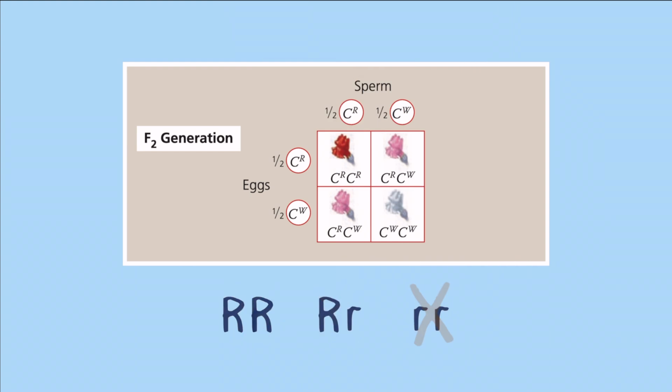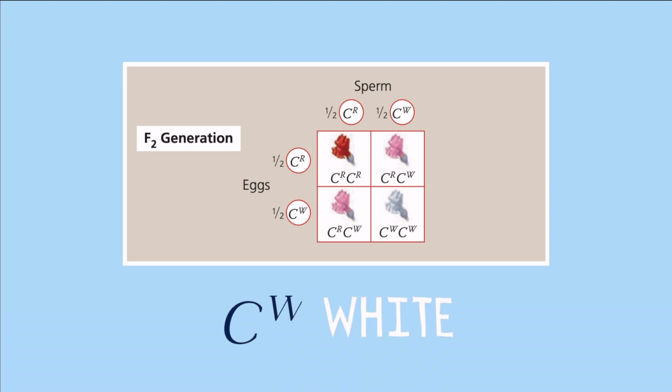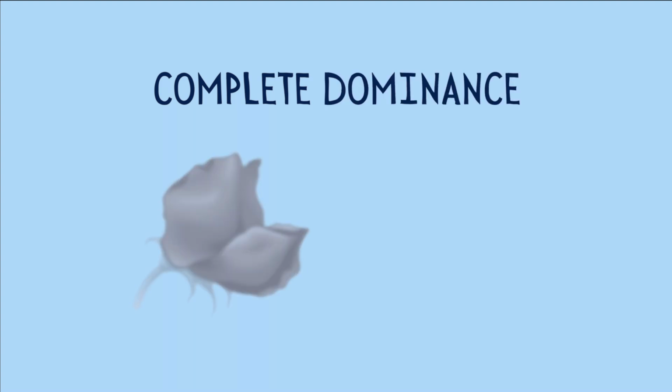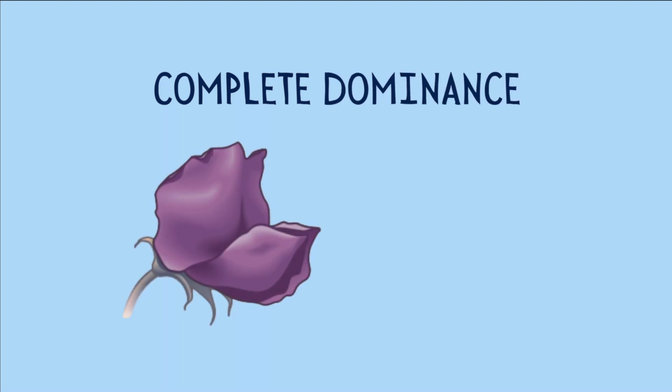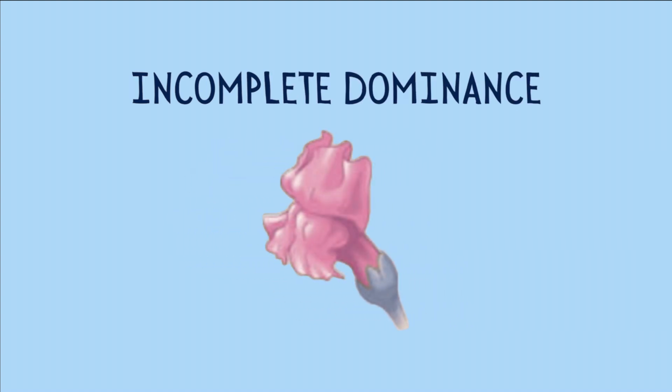Instead, we use C with a superscript to denote the allele for flower color, C^R for red, and C^W for white. Now to recap, in complete dominance, one allele completely masks the effect of the other. In incomplete dominance, neither allele is fully dominant and we get a blend.